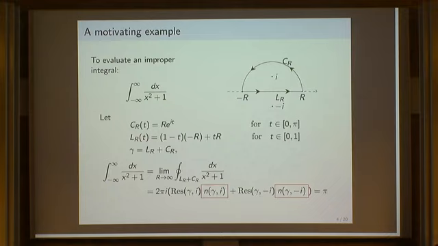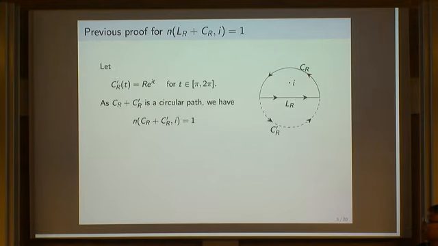In this case, these two residues are relatively easy to evaluate, but actually these two winding numbers cost me quite some trouble. Here is what I did. For the first winding number, I defined an auxiliary semi-circular path, CR', such that CR plus CR' forms a full circular path, and the winding number of CR plus CR' about i is 1.